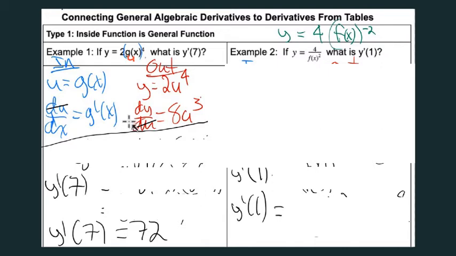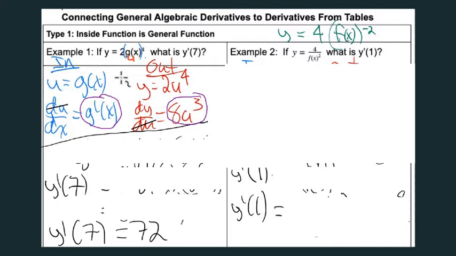So let's get an equation for it. So I just need to multiply this and this, right? So what I would do is the 8 is going to come to the front, right? So the 8 multiplied by g prime of x multiplied by u cubed. But again, what is u?